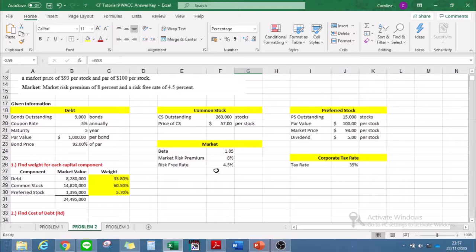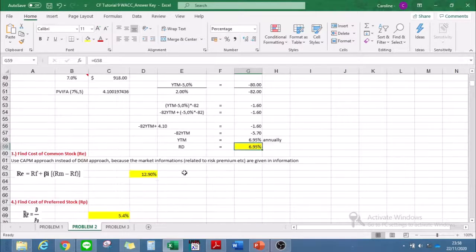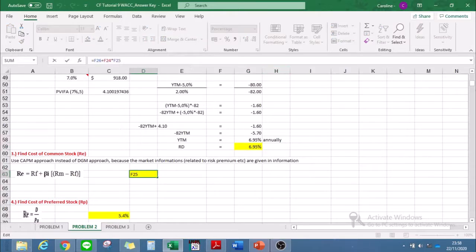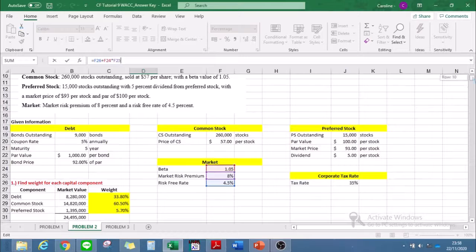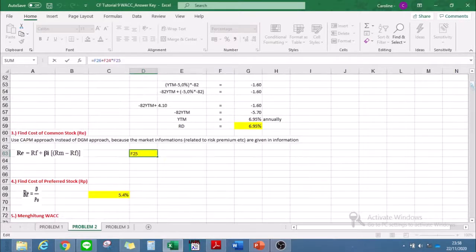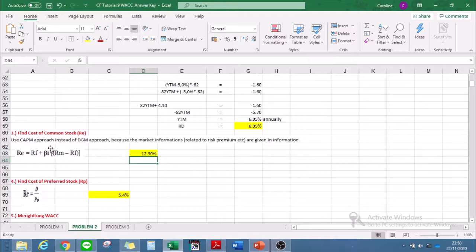You just need to add 4.5% with beta 1.05 multiplied by the risk premium of 8%. Like this: the risk-free rate plus the beta multiplied by the market risk premium, and we find that the cost of equity of the common stock is 12.90%.